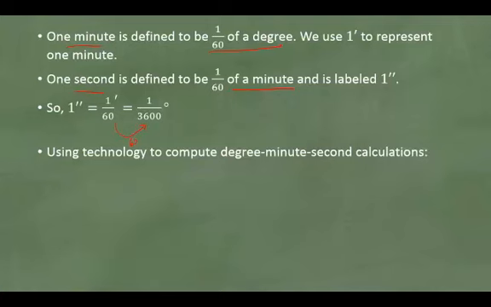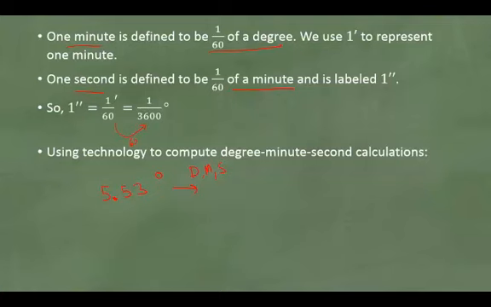So we're going to use the technology to compute degree, minute, second calculations. What would 5.53 degrees be if we wanted to convert that to degrees, minutes, and seconds? So we don't want to just talk about degrees, but we want to have degrees, minutes, and seconds.